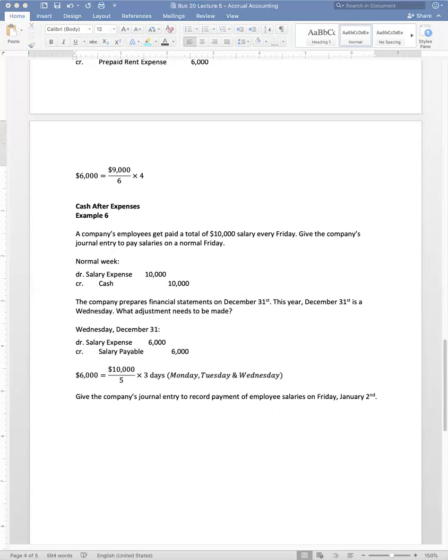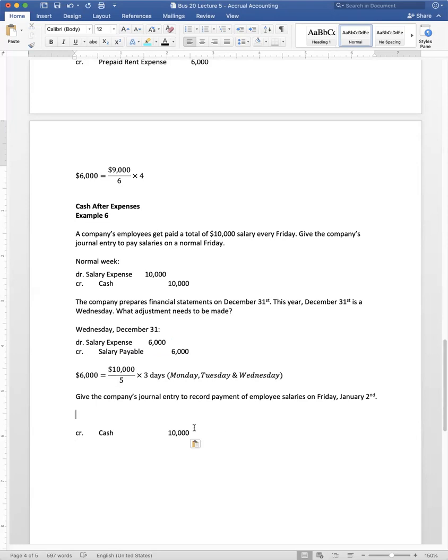All right, well, the obvious thing is that we're going to pay cash. We have to pay the employees. So let's leave a couple lines and we're going to credit or decrease cash for $10,000. We're paying the full week of salary. Even though we did an entry already, there was no cash in there. So we have to pay the full week to our employees, all $10,000.